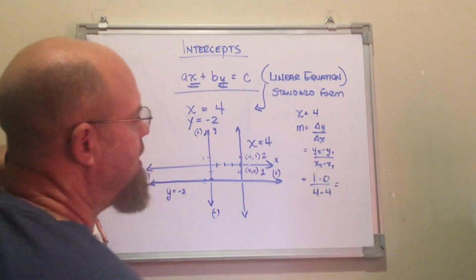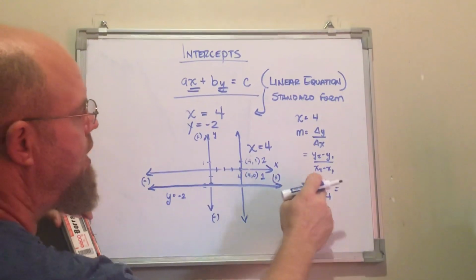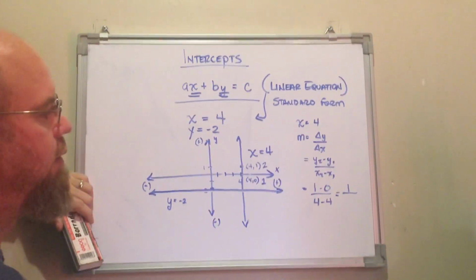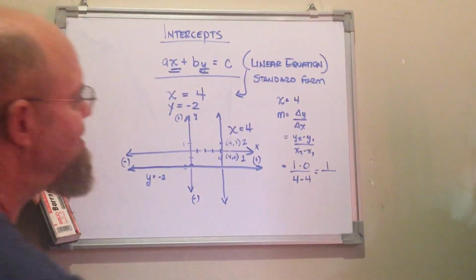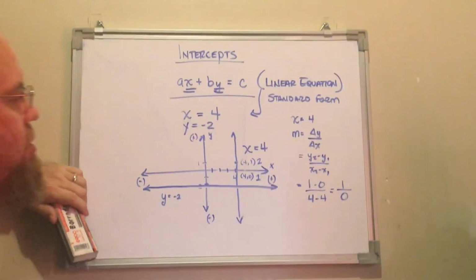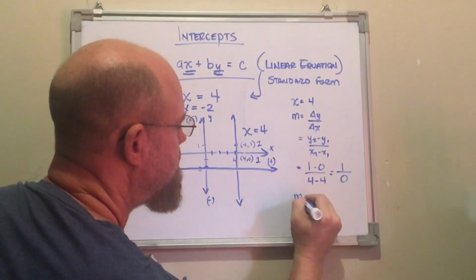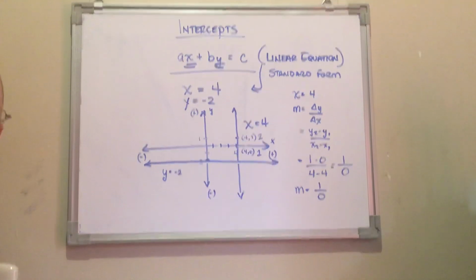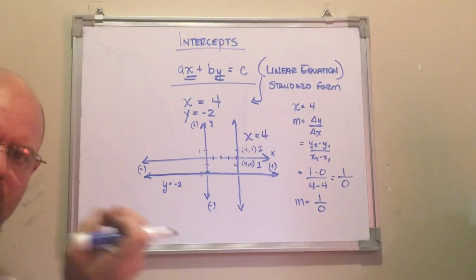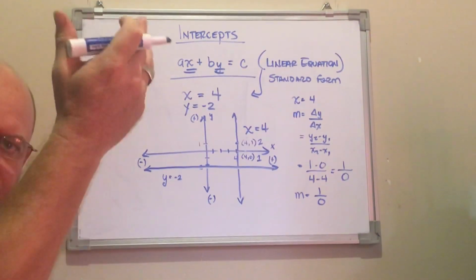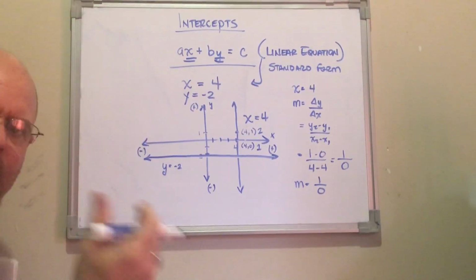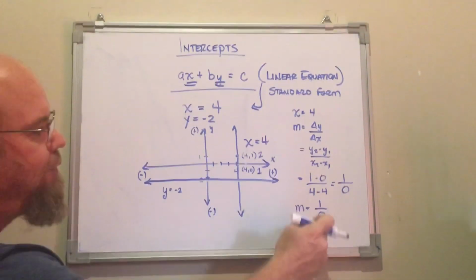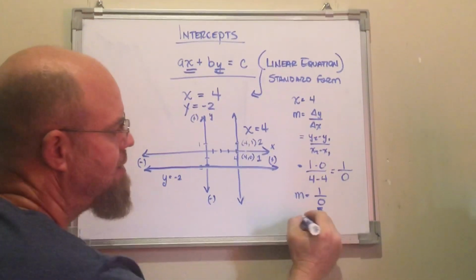Well, what does that equal? That equals 1 minus 0, which is 1, over 4 minus 4, which is 0. So I have a slope that equals 1 over 0. Now in math, 0 doesn't go into anything. So anytime we have a denominator of 0, that fraction is undefined.